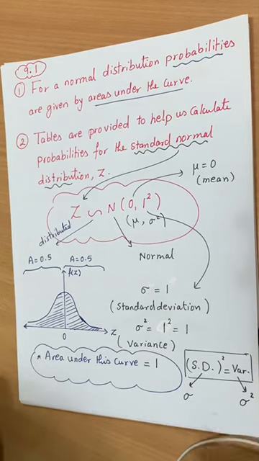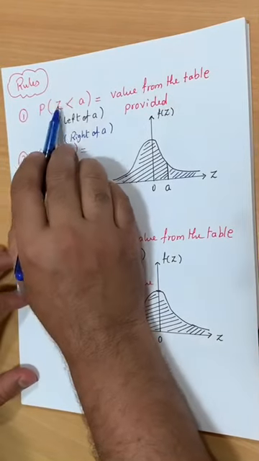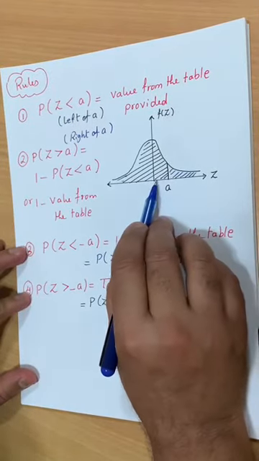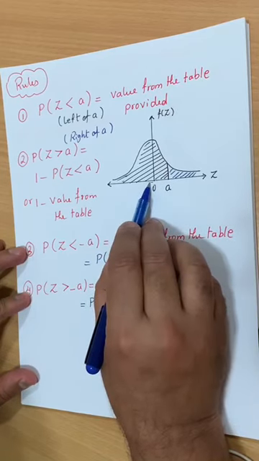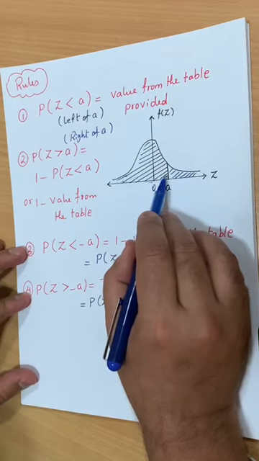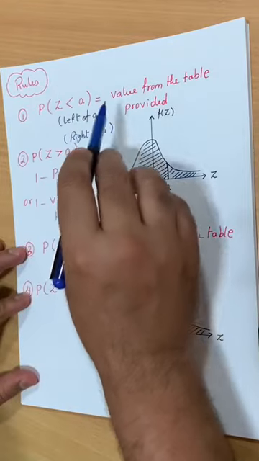Here are some rules that we need to use if you want to find the probability of some of the values under the curve. Probability of Z less than A. A is a positive value, as you see, so this part is representing the positive and this part is representing the negative. If you look for the area which is less than, which means at the left of A, the answer directly is the value from the table.